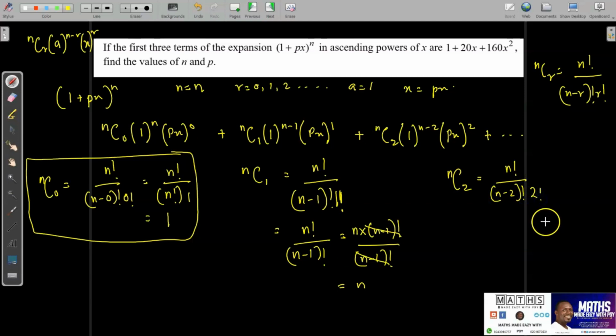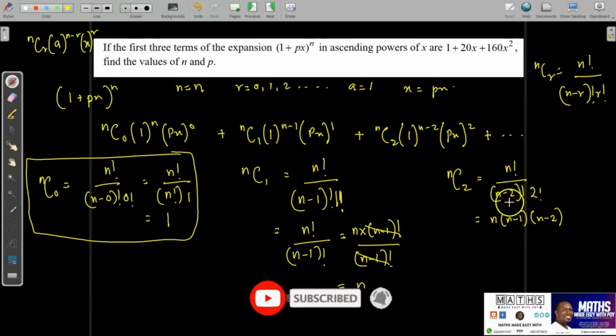Perfect. Okay, so in this case, how can we write the expansion? We want to simplify this. So how can we write the expansion for n factorial to make it simple? Expanding n factorial, the factors will be n times n minus 1, very good, times n minus 2. And this n minus 2 is at the denominator here. Do you see that?